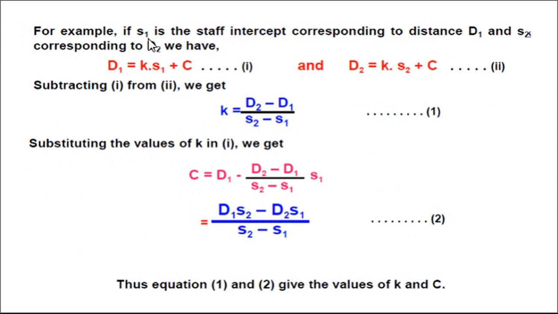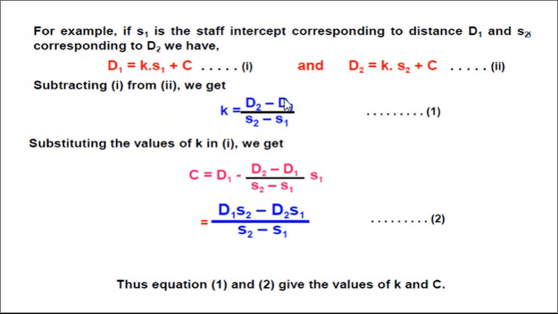For example, S1 is the first staff intercept and D1 is the distance. So for that we will get this equation, D1 is equal to K into S1 plus C. Then this is second equation, third equation, like this we will get the different equations. Then from these two equations, by subtracting equation 1 from 2, K is equal to (D2 minus D1) divided by (S2 minus S1).